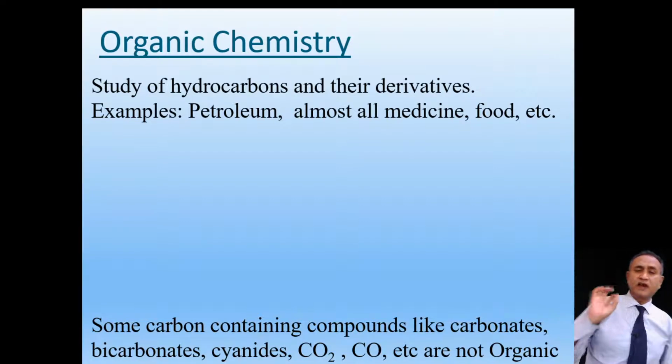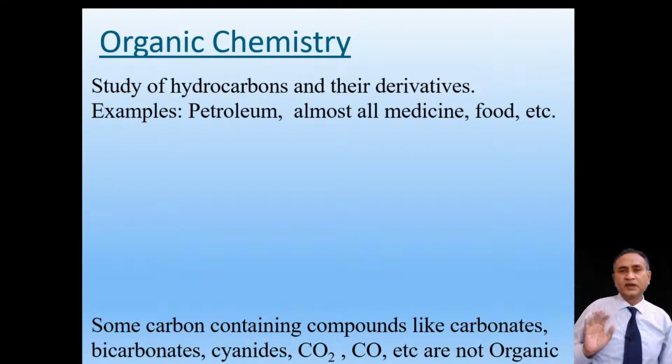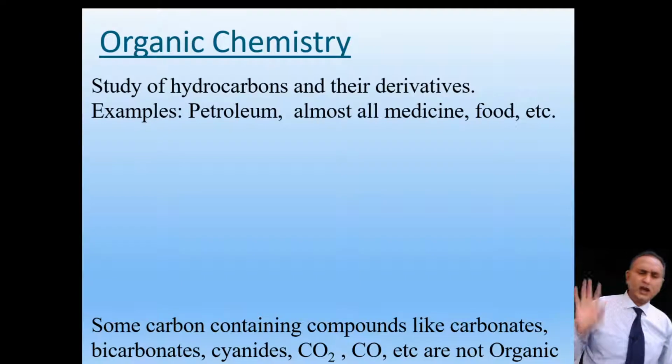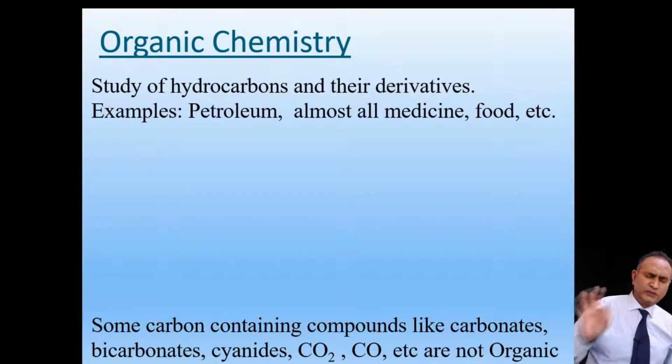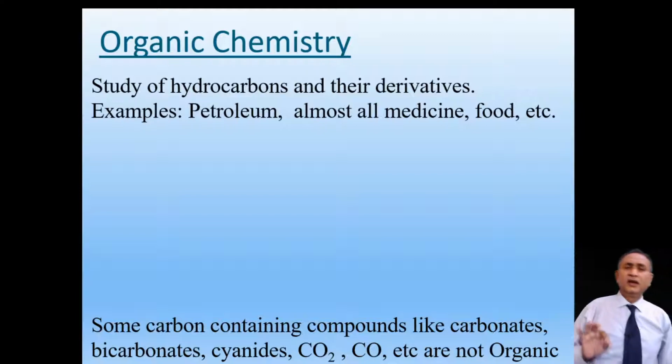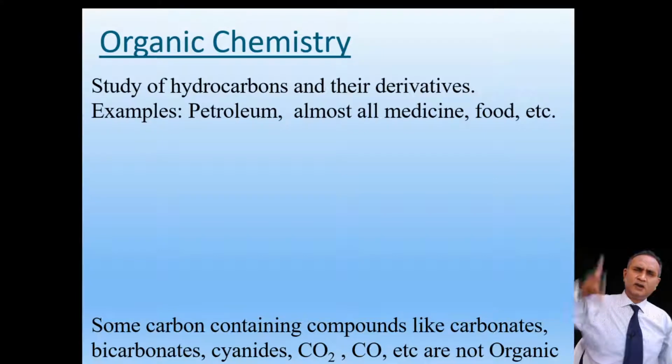Study of hydrocarbons and their derivatives. For example, all kinds of carbohydrates, proteins, fats, lipids, butter, margarine, petroleum, fuel, most of the petroleum, diesel, etc. All of these are organic compounds. Glucose, sugar. Okay, so it's a very, very long list.